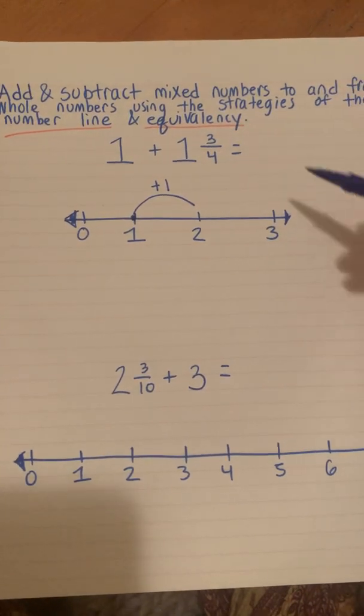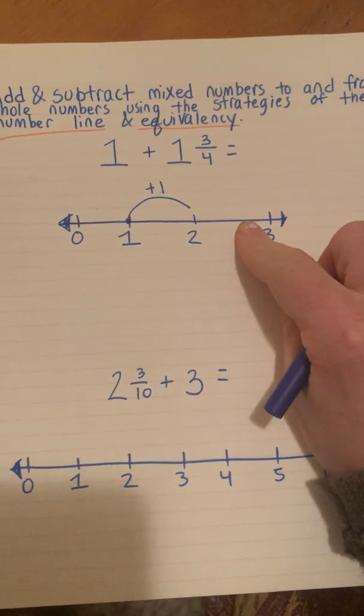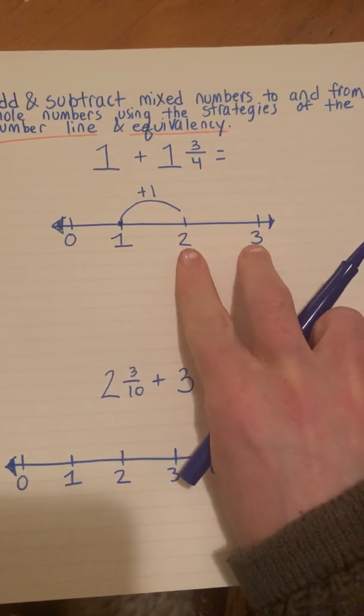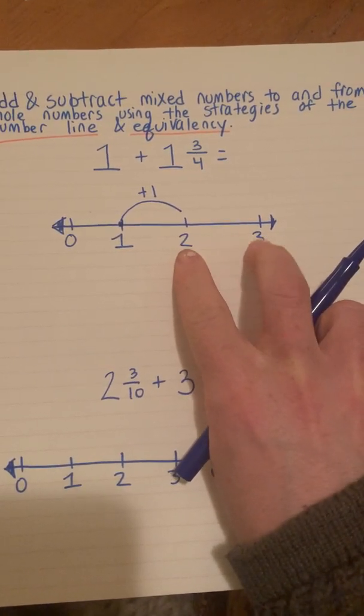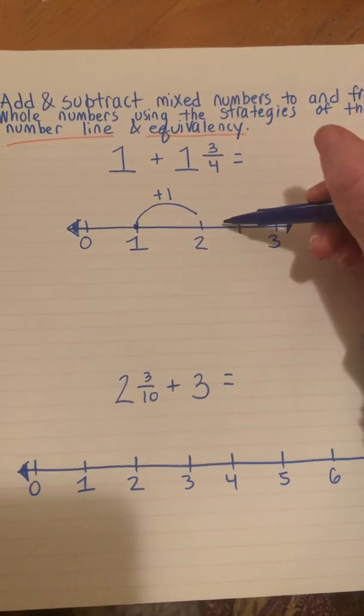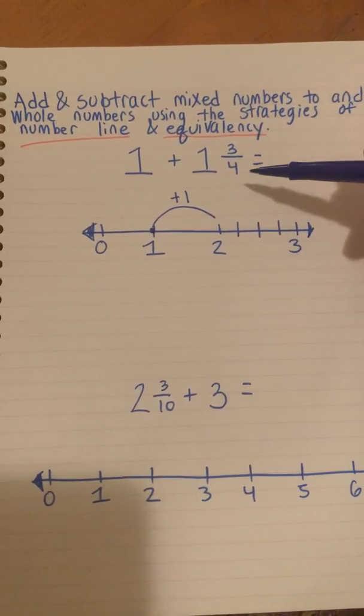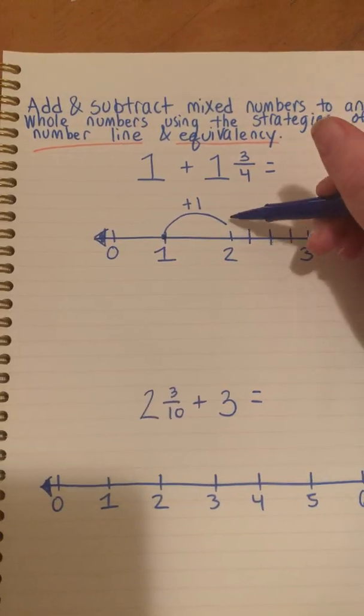And then I want to make another jump of 3/4, but I don't have fourths. So what I'm going to do is partition the space between 2 and 3, which is equal to 1 whole, into 4 parts. And now I can make 3 jumps of 1/4, or a jump of 3/4.